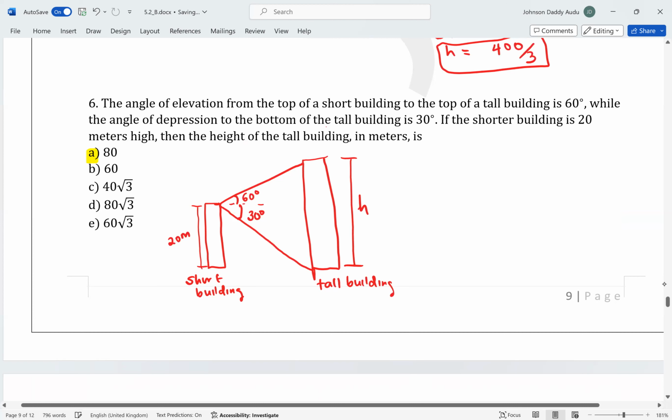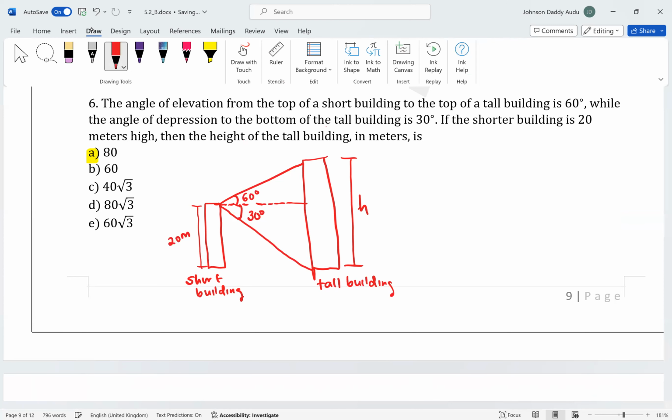Okay, now if you look at this question, we know that this is our line of sight. So this will be the distance between the buildings, this part. And we don't have any other thing, based on this diagram and the explanation.